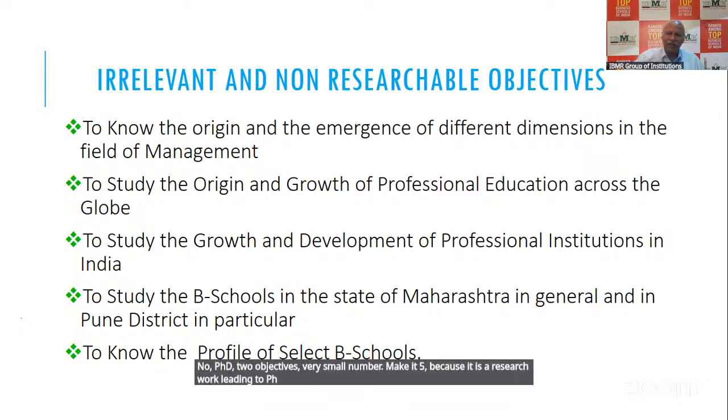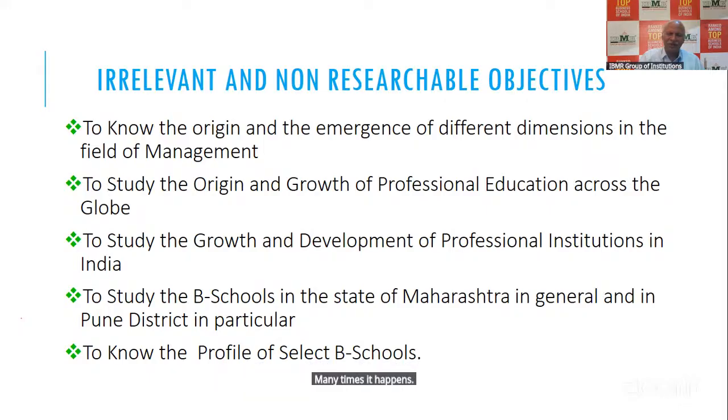It is not like that. If you search among 10 objectives, you will not find one researchable objective. Many times it happens. Don't go by numbers and statistics. Do actual research. Do research with only 2 objectives, but they should be very powerful objectives.